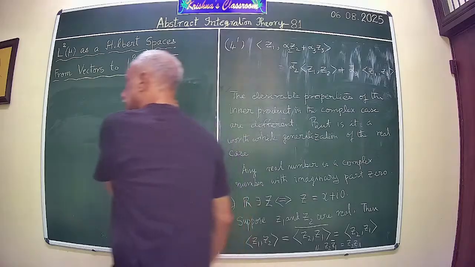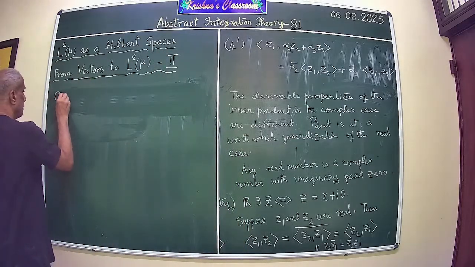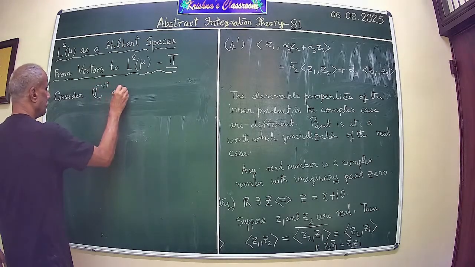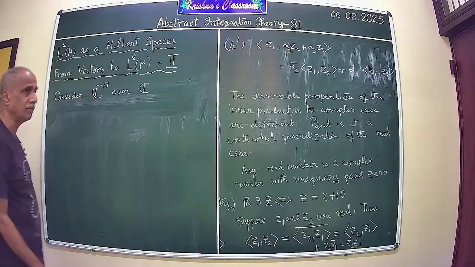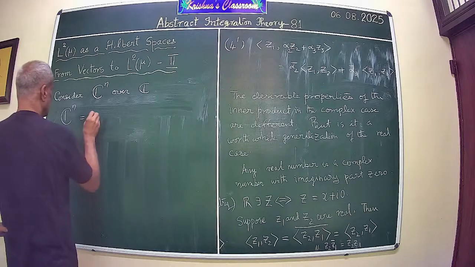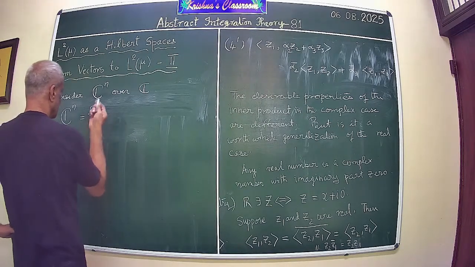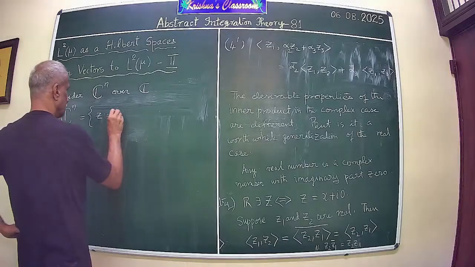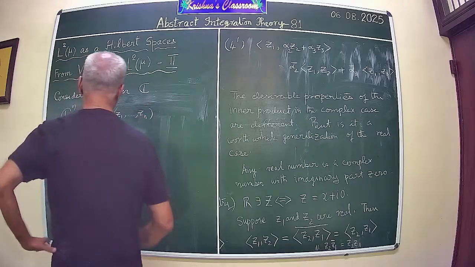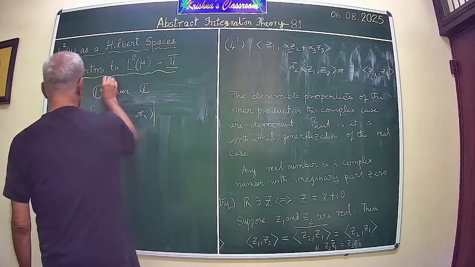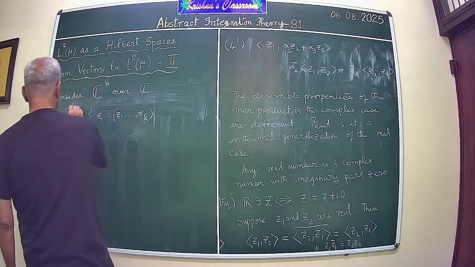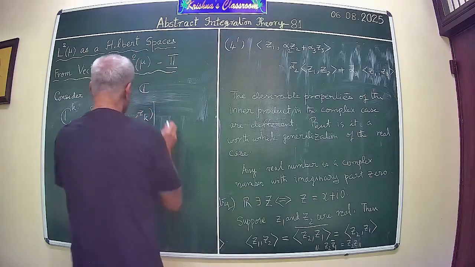So let us generalize this. Consider Cn. Now Cn consists of Z1 through Zn, each Zi complex.